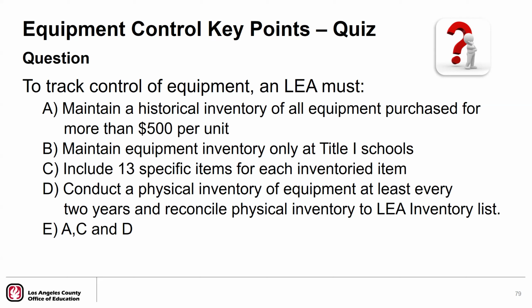C, include 13 specific items for each inventoried item. And D, conduct a physical inventory of equipment at least every 2 years and reconcile physical inventory to the LEA inventory list. And E is answers A, C, and D. So put your answers in the chat.